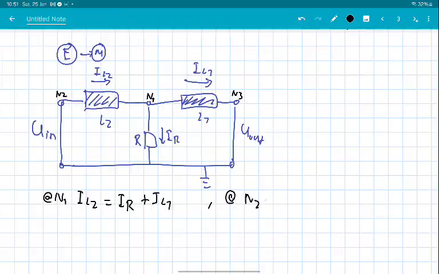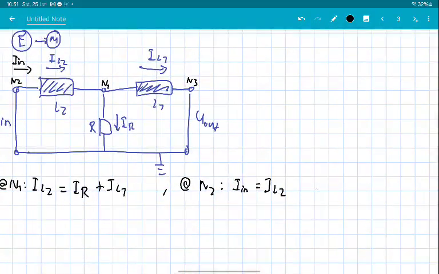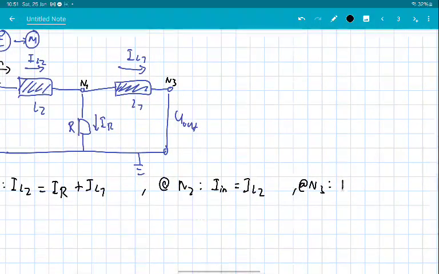So at node 2, we know that I0, because this would be I0, is equivalent to, maybe not I0, maybe we call it I in. So I in is equal to IL2. And at node 3, we say IL1 is equal to I out, which is equal to 0.